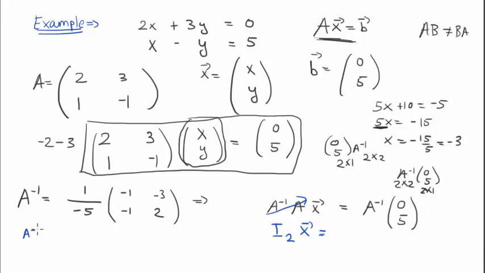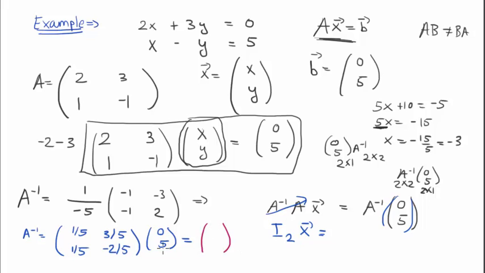So A inverse is equal to 1/5, 3/5, 1/5, and negative 2/5, right? And now to that I'm multiplying the c, which is a 0 and the 5 on the right hand side, right? So 0 and 5.